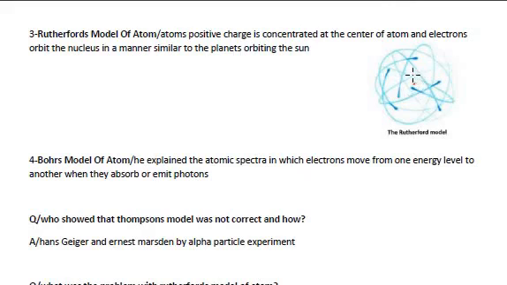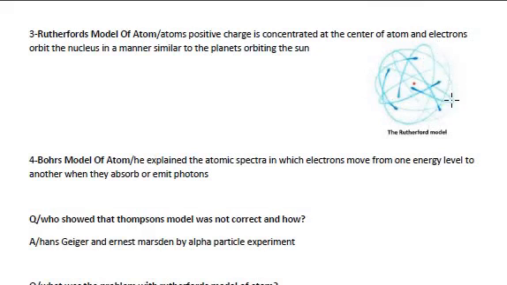Here we have the center of atom, which has positive charge concentration, and electrons orbit, where each electron has its own orbit, orbiting the nucleus in a manner similar to the planets orbiting the sun.